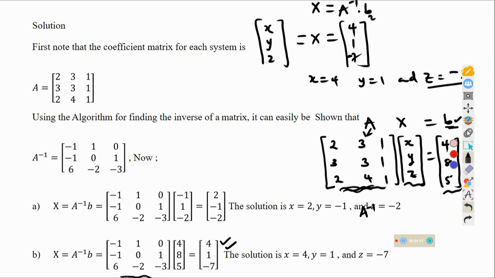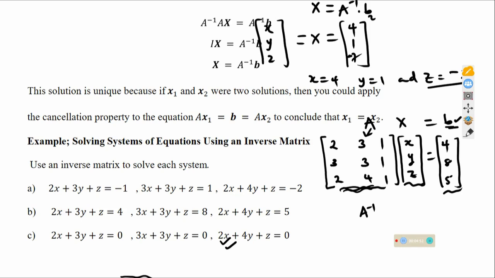So if that one is very okay, I hope you will be able to again try this number here, that is for part C. Looking at part C, you realize that actually the A will also be the same, because you have 2x, 3y plus z. So the matrix A will be the same, since all these are the same. So what will be changing will be matrix B. So to get X, Y, and Z, simply multiply A inverse.